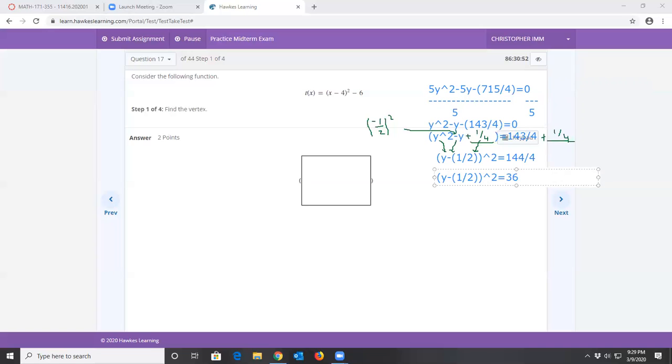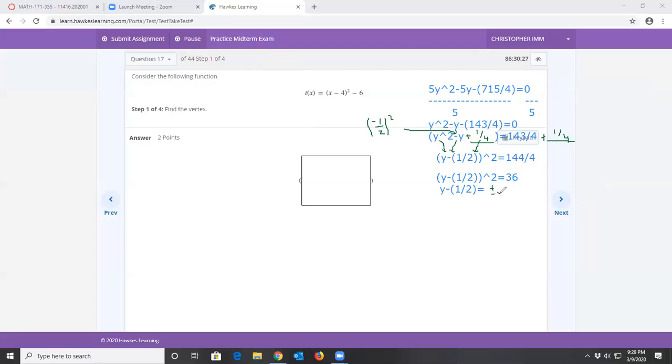Once I complete the square, I can take the square root of both sides. It's called using the square root method. So y minus 1/2, if I take the square root over here. Now, when I take the square root of 36, I need to use plus or minus the square root of 36.